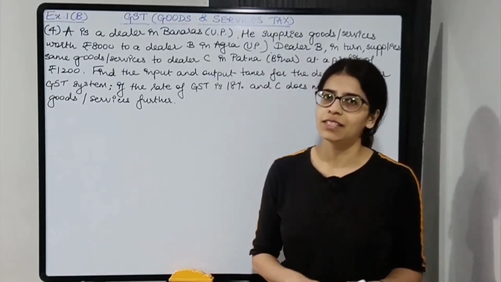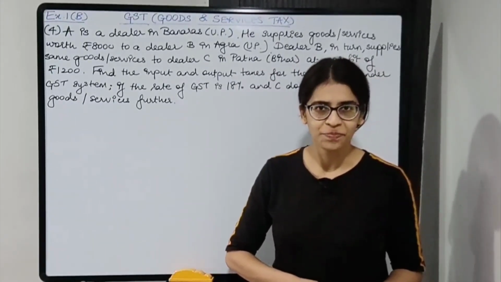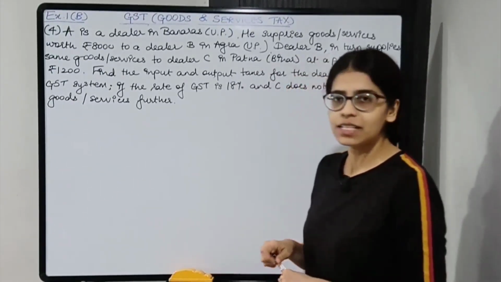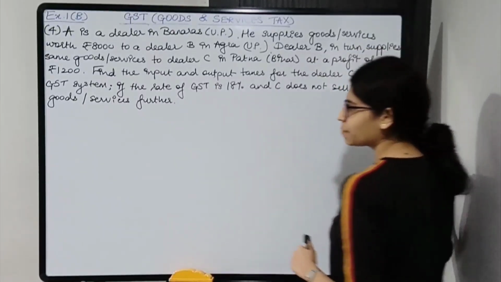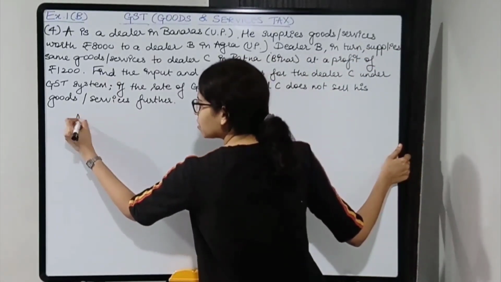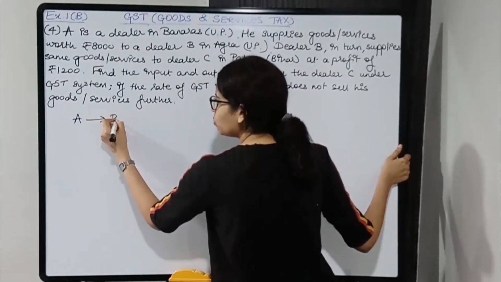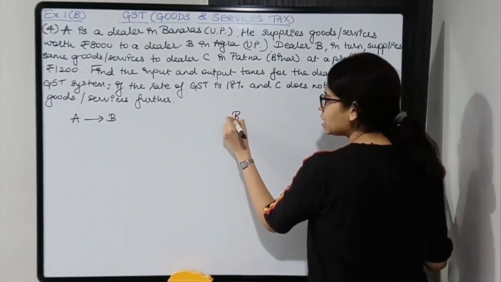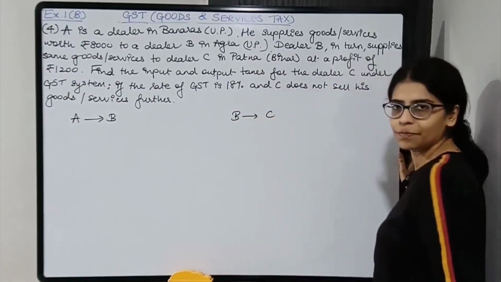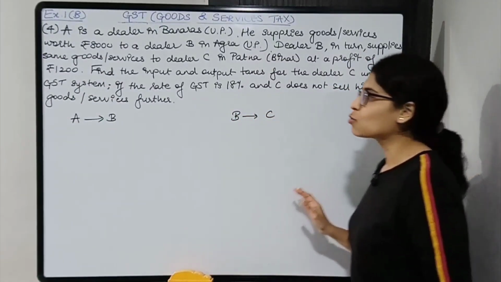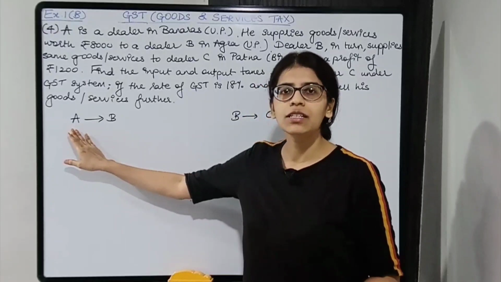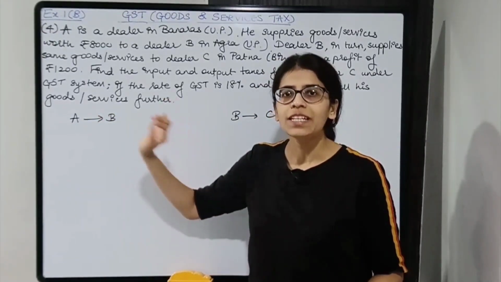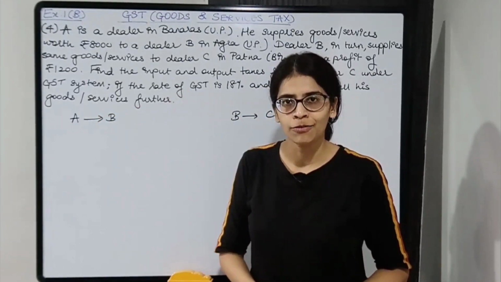There are three dealers, A, B and C. Okay, so let us see what transactions are taking place. First, A is selling goods to B. Then B is selling the goods to C. Let us see what all information we have.